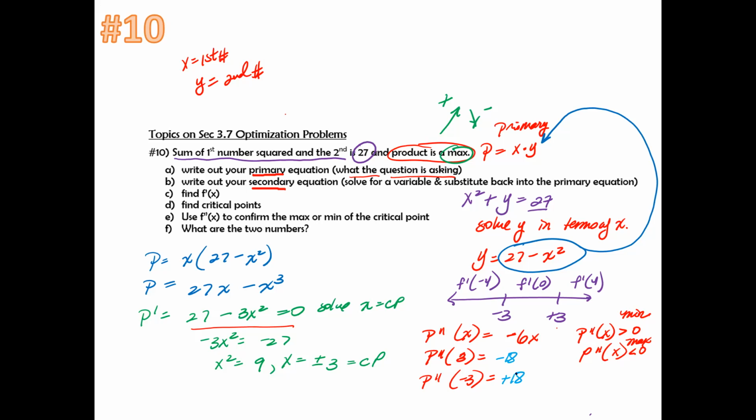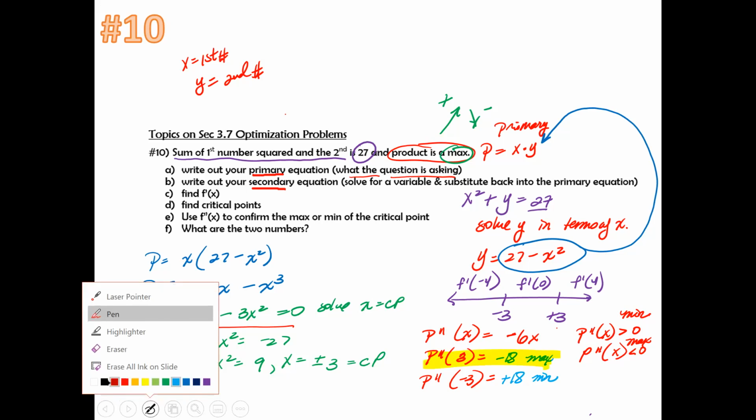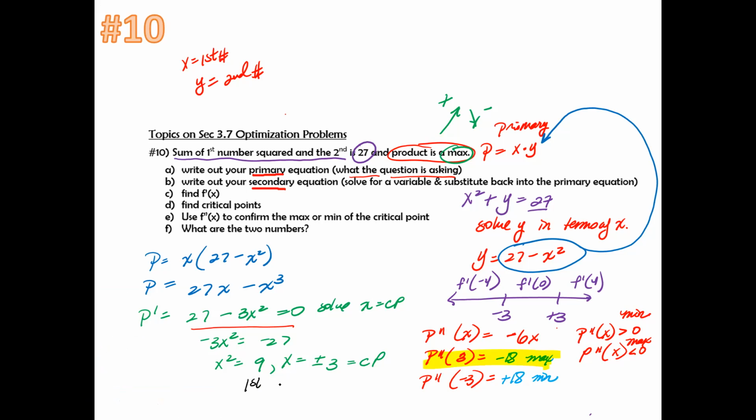So where is your max? Well, this is telling me this is the max. And this is telling me that it's a min. So when x is equal to positive 3, that is where my maximum is going to be located. So what that means is that my first number here is going to be a positive 3. Now I've got to figure out my second number, which is going to be y, and you know that the product of x times y equals p.